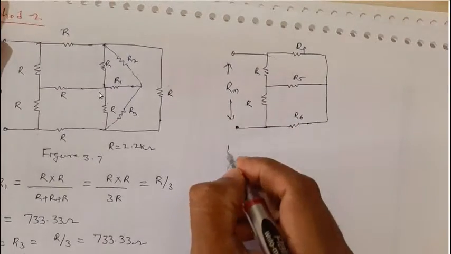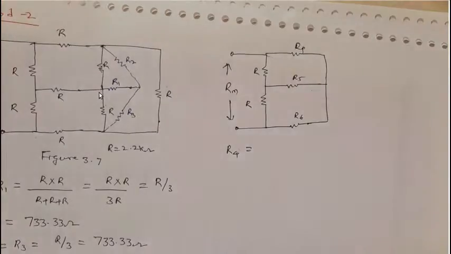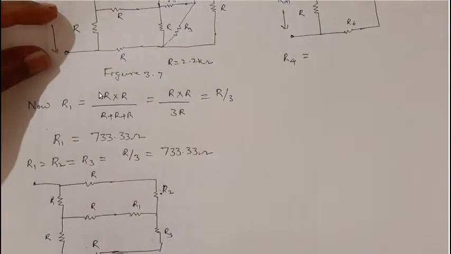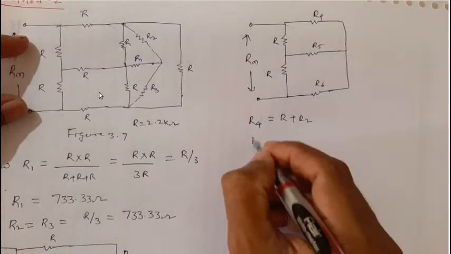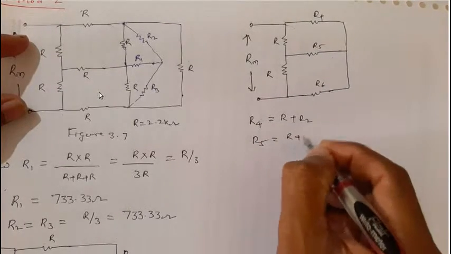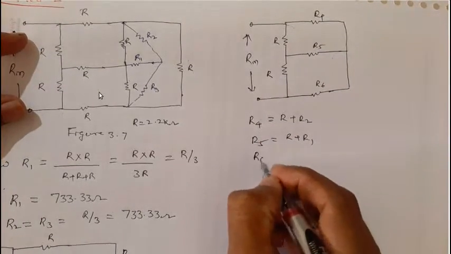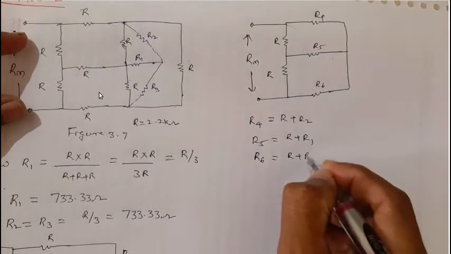And for your information, R4 is equal to R plus R2, R5 is R plus R1, and R6 is R plus R3.